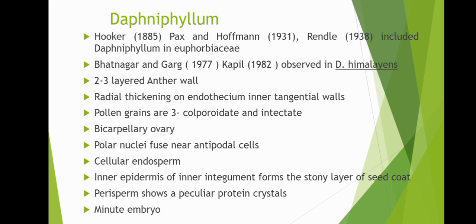Pollen grains are 3-colporate and indicate a bicarpellary ovary. Polar nuclei fuse near the antipodal cells. Cellular endosperm may be seen. The inner epidermis of the inner integument forms the stony layer of the seed coat. Perisperm shows peculiar protein crystals, and it contains a minute embryo. These are the features of Daphniphyllum.